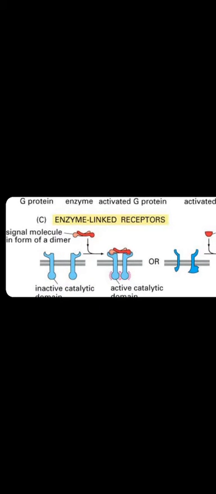Another type is enzyme receptors. That means the receptor may recruit the enzyme activity, or the receptor itself is an enzyme. For example, enzyme linked receptors such as tyrosine kinase receptors. These receptors are monomeric in nature initially, but they require dimerization of ligand as well as the receptors.